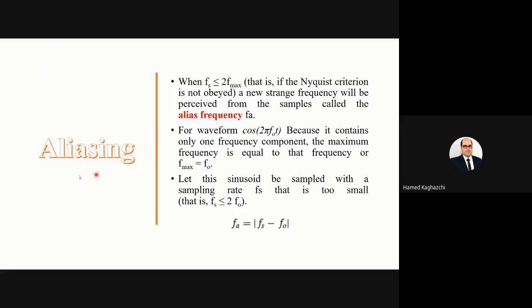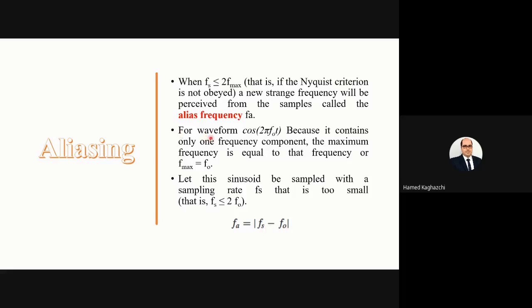And this is called aliasing. Aliasing occurs when we select the sampling frequency not according to the Nyquist criterion. It depends on the difference between Fs and the frequency of the analog signal.